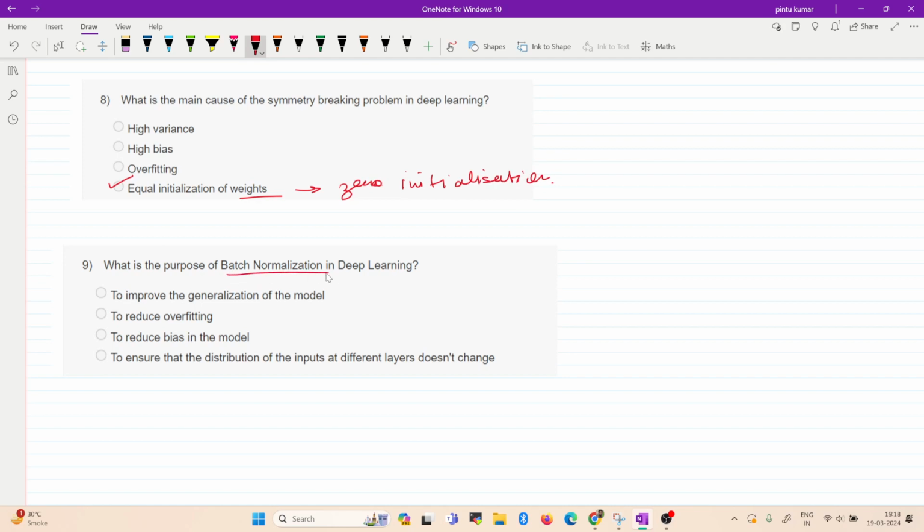What is the purpose of batch normalization in deep learning? As I mentioned, across batches you want your distribution to be the same.